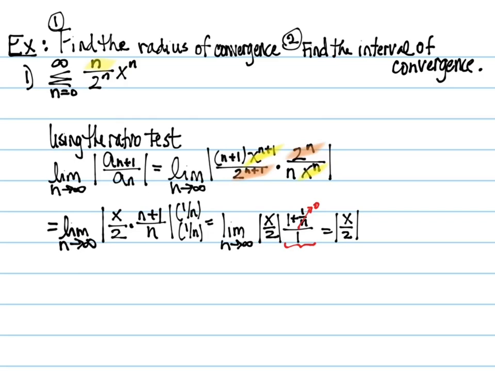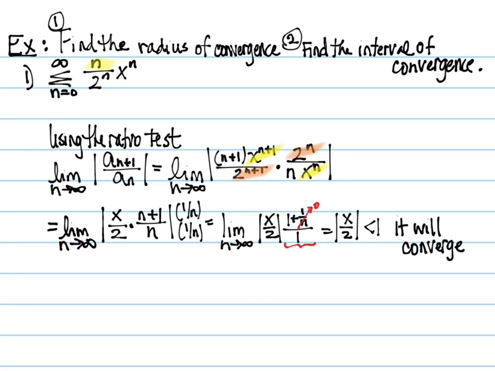So ratio test. The ratio test tells us when something converges. If I were given a number, not an x, at the end, how would I know whether this converged by the ratio test? If it's less than 1. So if this is less than 1, it will converge, correct? So less than 1, it will converge. So I need to figure out what x values that means that x could actually be to make that happen.